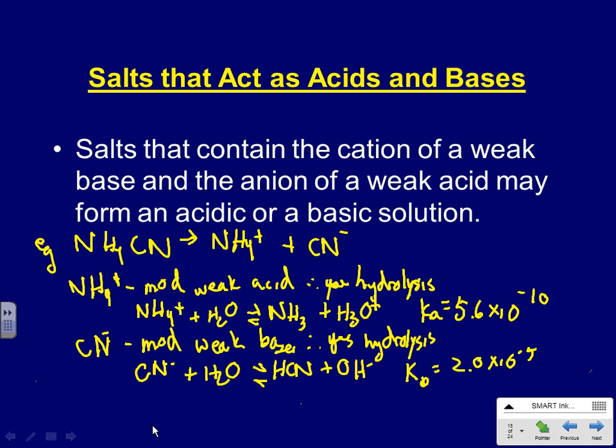Now that calculation is difficult to do, and I won't make you do a calculation like that because you've got two equilibria happening at the same time. But we can qualitatively say, because the Kb is greater than the Ka, therefore it's going to be a basic solution. Okay?